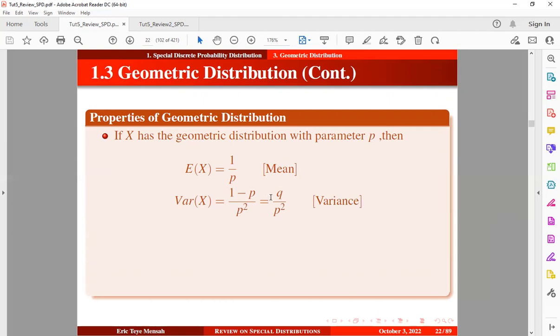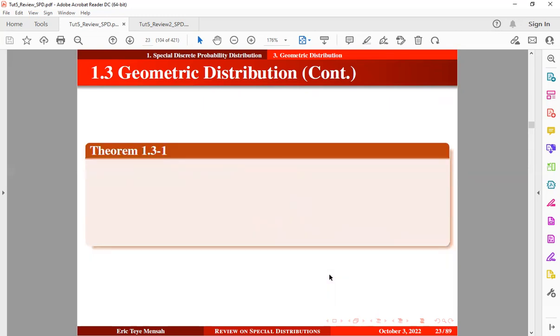If you replace 1 minus p by q, then we'll have q divided by p squared. Then we can also define the moment generating function in this form. Before we take some examples, let's take a look at some theorems.